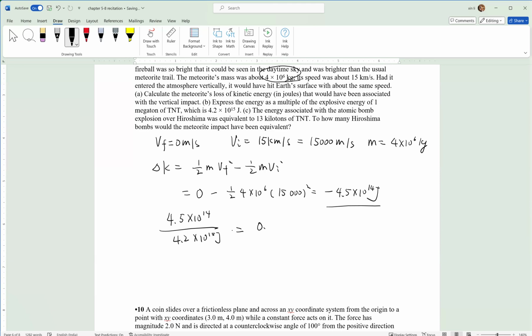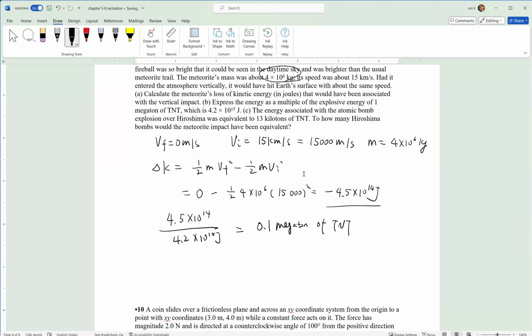So it's about 0.1 megaton of TNT. Okay, so this is that.